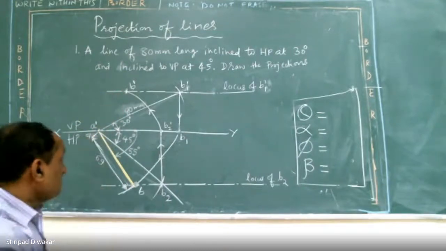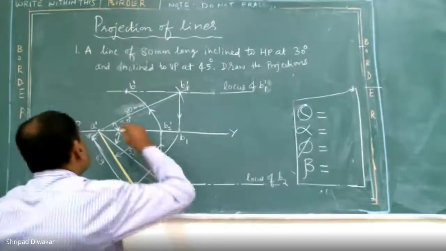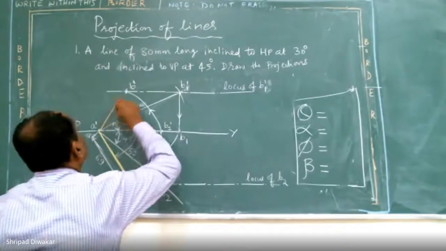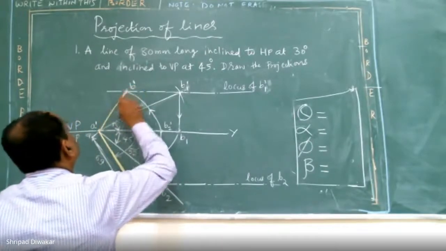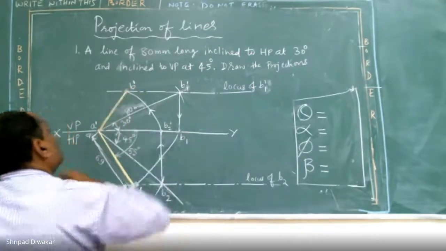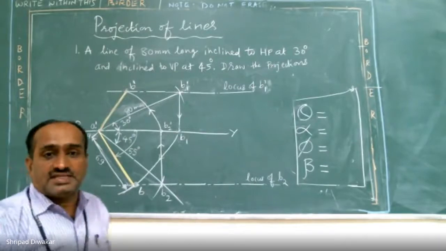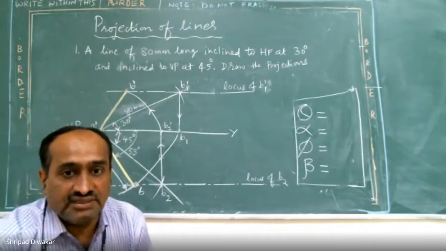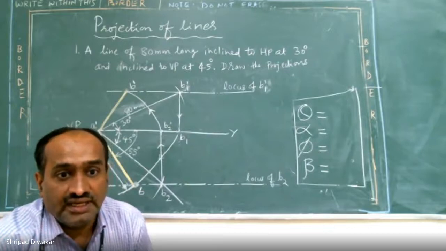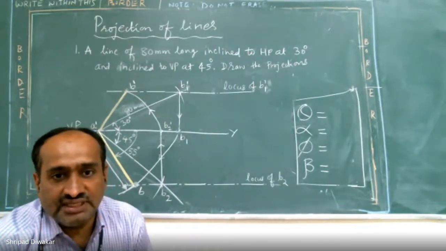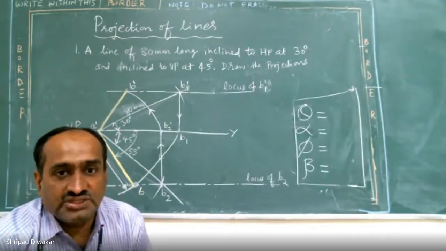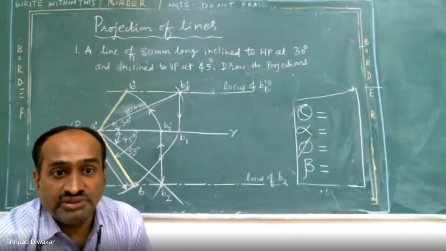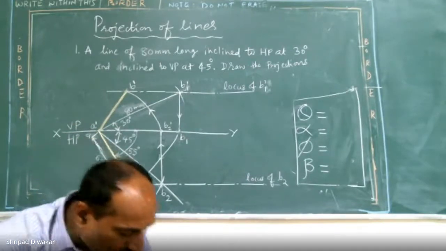Next step is to join A dash with B dash. A dash B dash, you have to join by means of a thick line. Remember, only A dash B dash and AB should be thick lines. All the remaining lines should be thin lines. This is how to represent the lines.